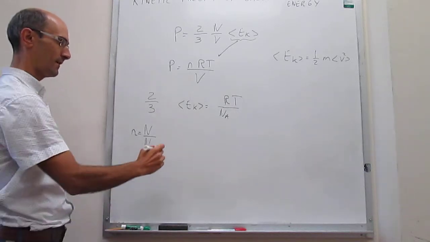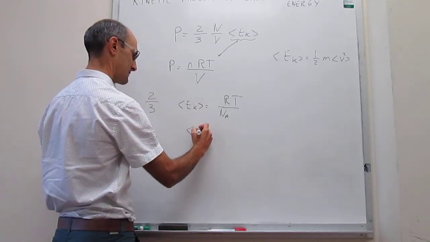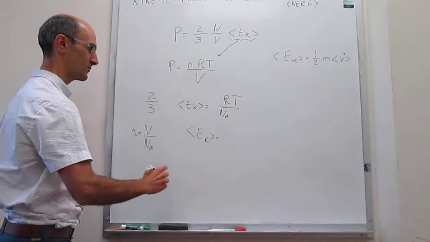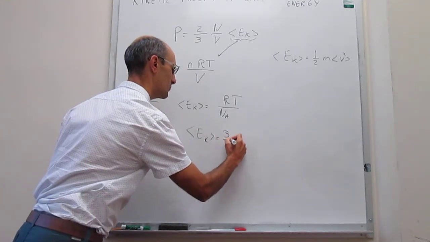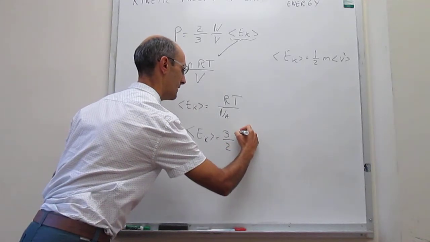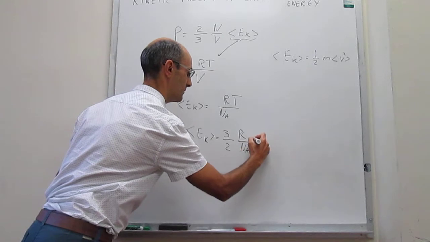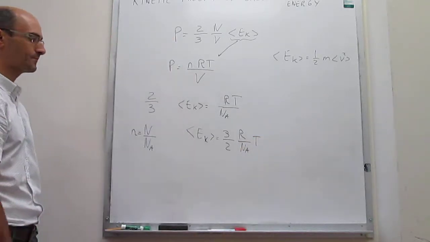Let's then come up with the next step, which is kinetic energy. Let's solve for it. This is going to be equal to 3/2 the gas constant over Avogadro's number multiplied by the temperature.